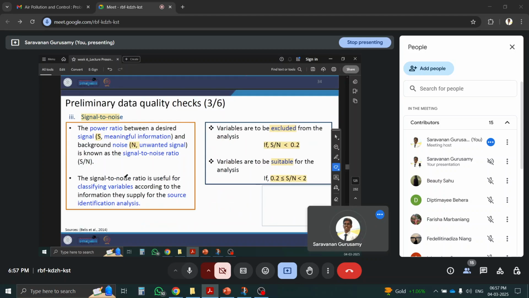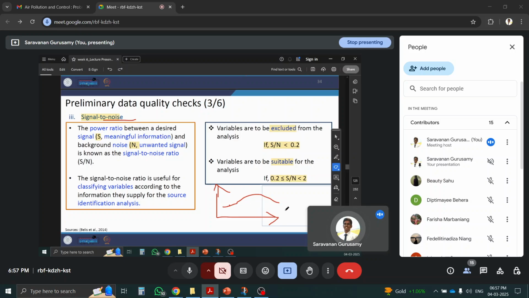Okay. And the signal to noise ratio: if you are seeing the FTIR plots or any plots, you may not get the exact graph like this. So you will have a noise level due to the instrumentation operation or external factors. That noise needs to be eliminated, and you have to get a perfect curve like this.